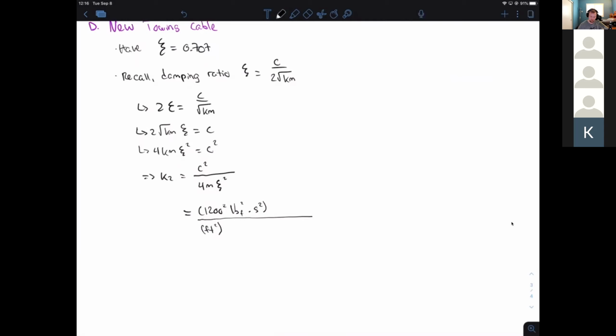Okay, and then we have divided by 4. And we have our mass here. Earlier I put 10,000 slugs, but it should have been 1,000 slugs for the mass. So we have 1,000 slugs, and I'm going to write the base units for that. So that's pound force times second squared divided by feet.